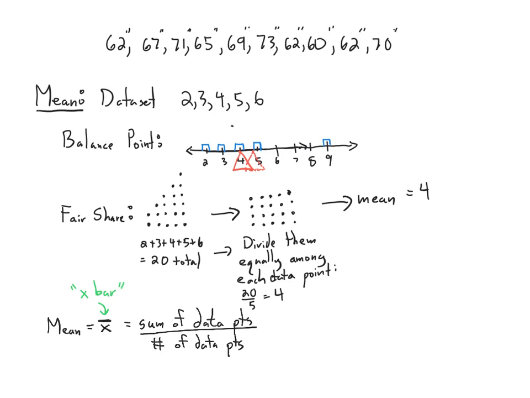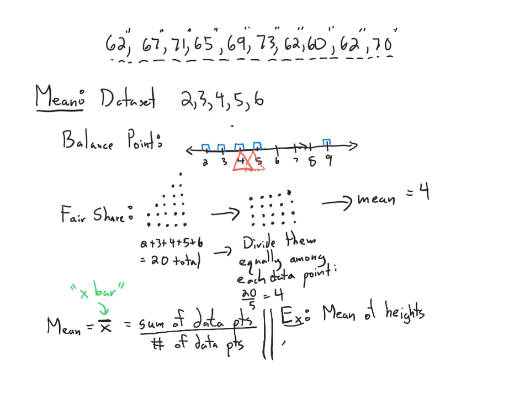So in our example here, up top I have the data points from the previous slide. So the mean of our example of the heights: all I'm going to do is add these together. So 62 inches plus 67 inches plus 71 inches.